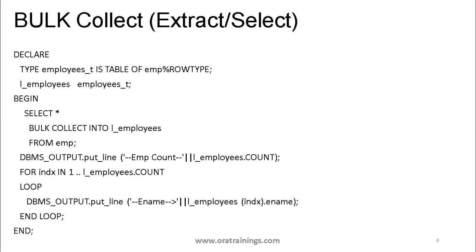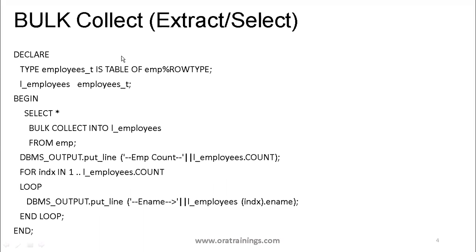We just want to fetch the data into one of our array variables in a very fast manner. My table may not have a huge amount of data, but the concept will work with a huge table.